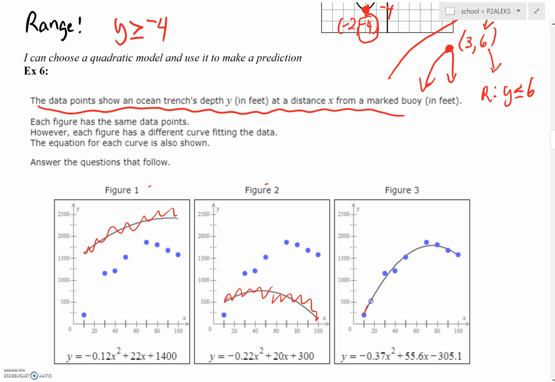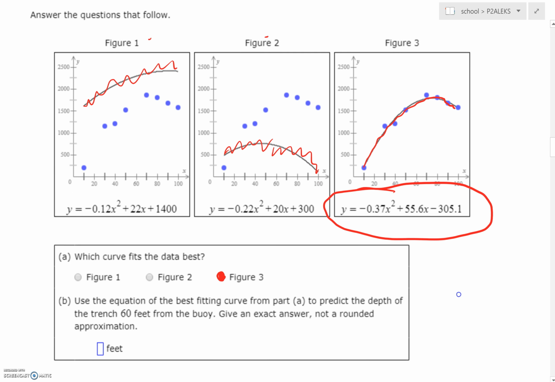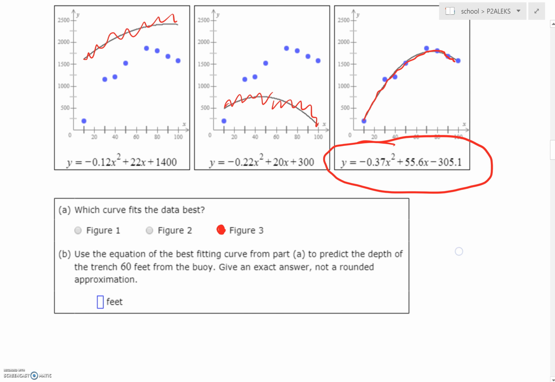Whereas look at number 3. It's clearly going to be figure 3 best fits the data. That curve gets closest to all the dots. And that's what we're going to have for an equation. That equation they give to you is going to be about as close as you could get.